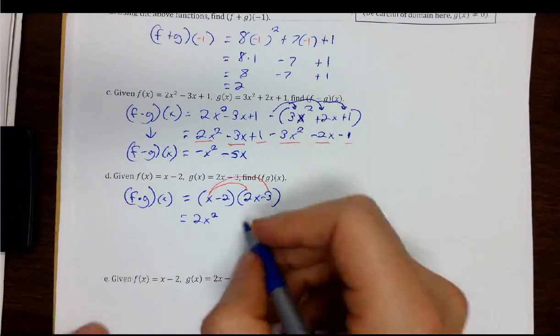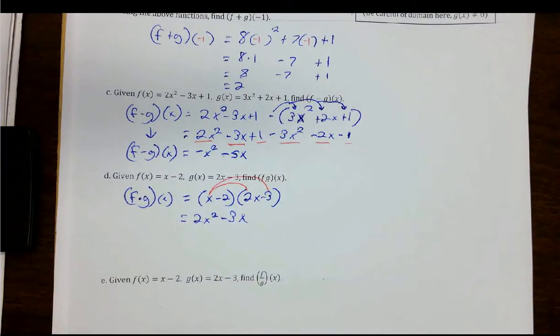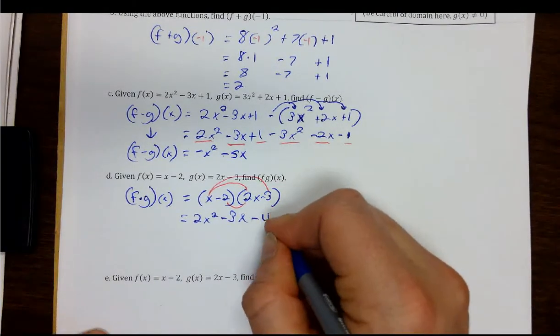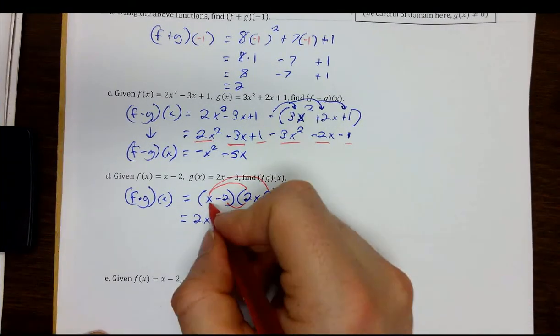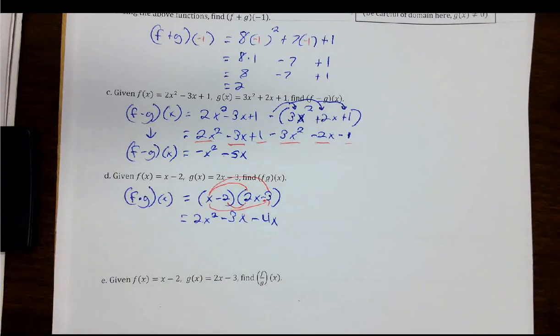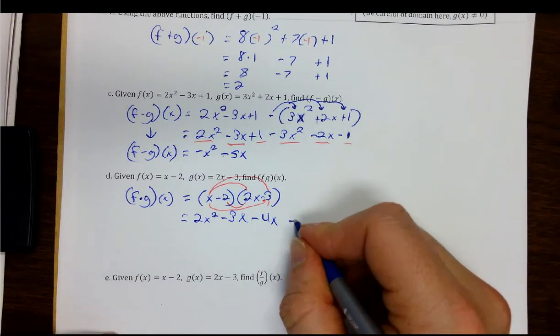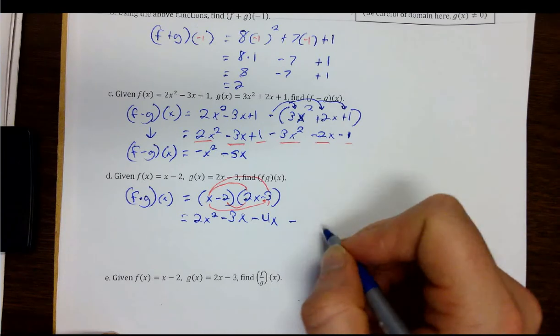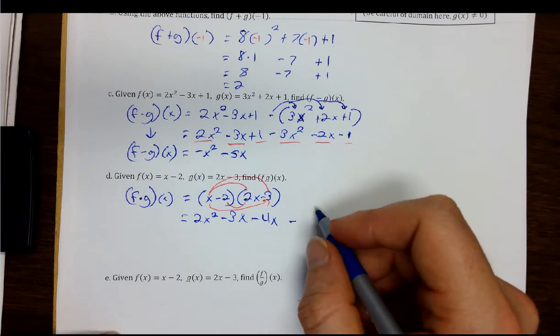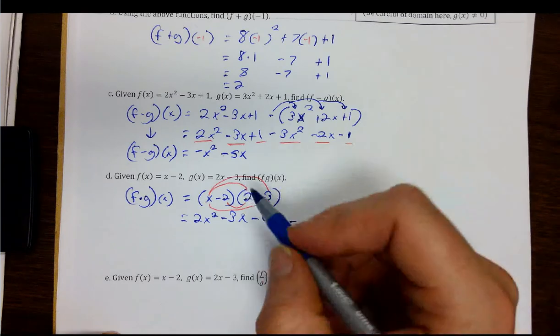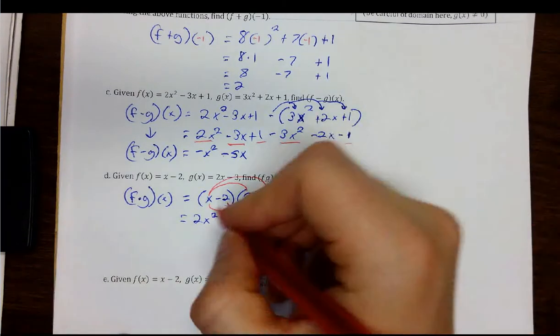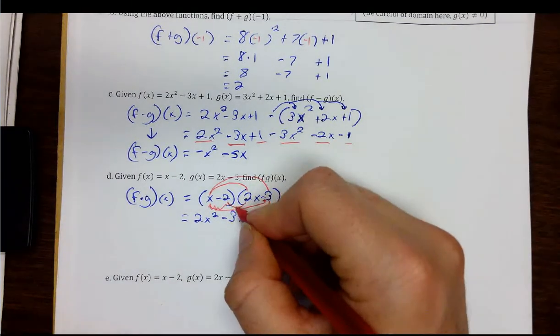X times negative 3 is negative 3x. Negative 2 times 2x is negative 4x. And x times negative 3 is... wait a second. I was not paying attention there.